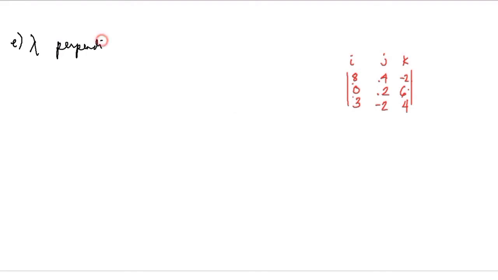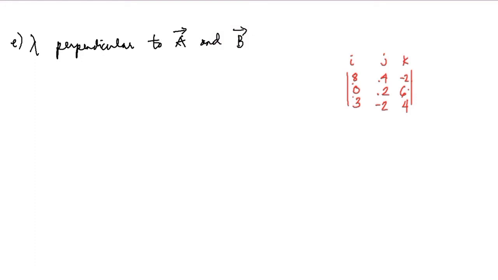And for the last question, we are asked to find the unit vector perpendicular to vector A and vector B. So with this, we will be using the cross product of the vector A and the vector B and divide it by its magnitude.